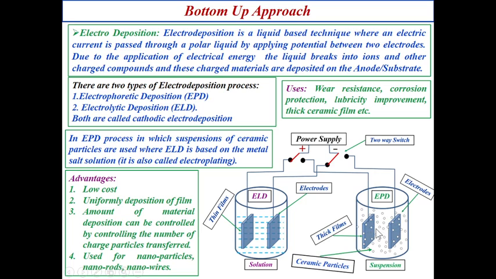It is uniformly dispersed inside this solution, and whenever we pass the current, those ceramic particles are going to be deposited on the thin film. So this is the method by which we can also get thick ceramic films or thin ceramic films.